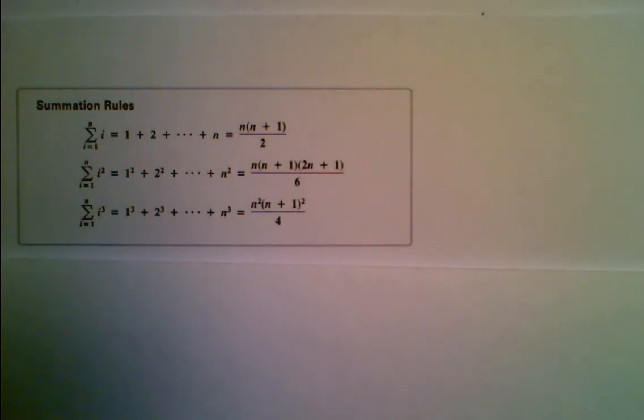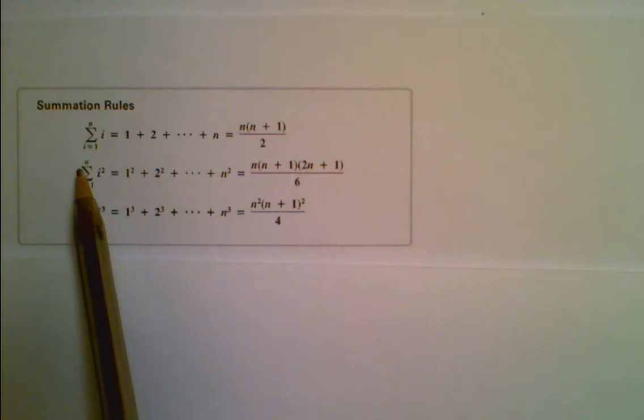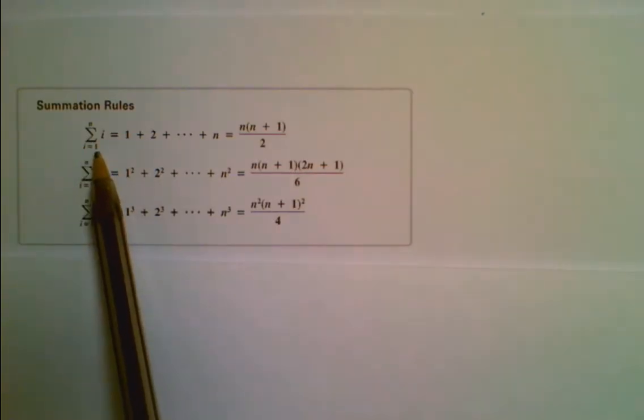What happens when we have the sum of i, and it can be any variable? It doesn't just have to be i. I is what we're focusing on here. It can be k, it can be j, it can be any other variable. Here we have the sum of i as i goes from 1 to n.